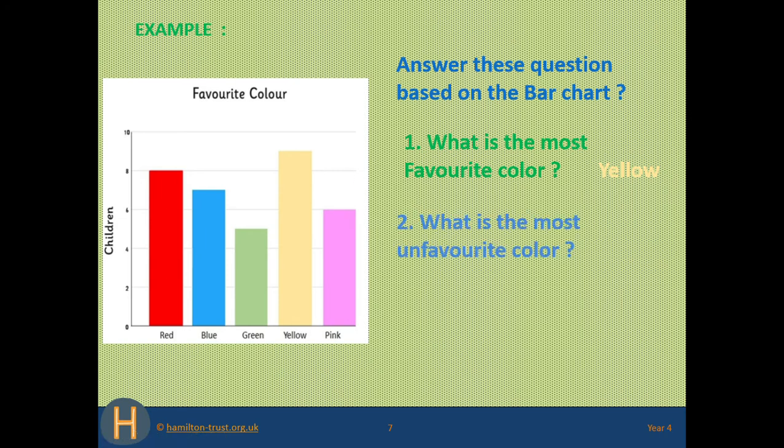What is the most unfavorite color? Warna apa yang paling tidak disukai oleh anak-anak? Based on this bar chart, ya, dilihat di sini, maka the most unfavorite color is, okay, good. Green. Yang paling tidak disukai anak-anak green.